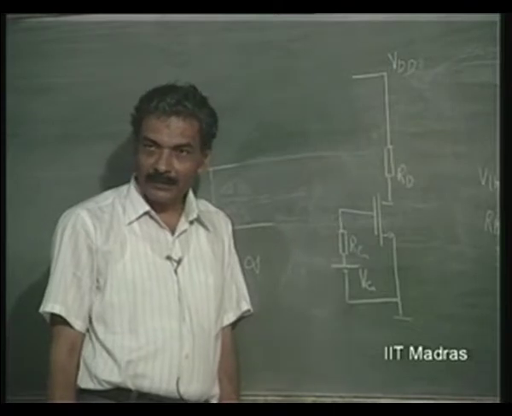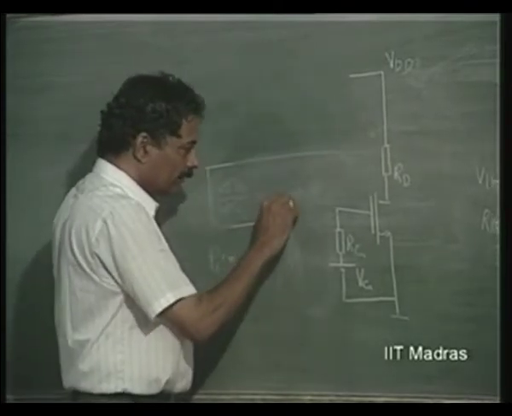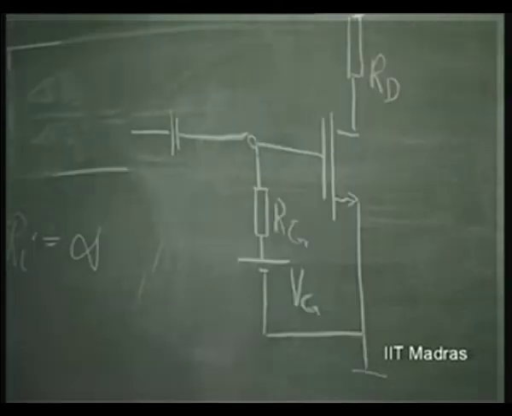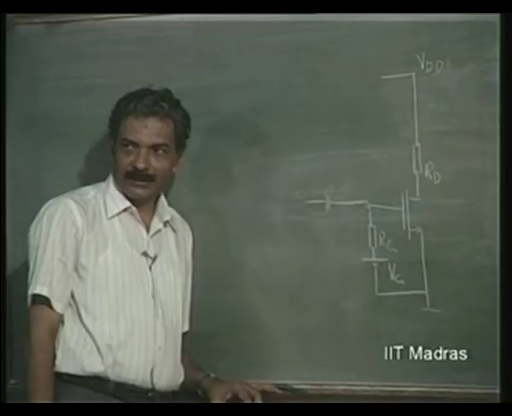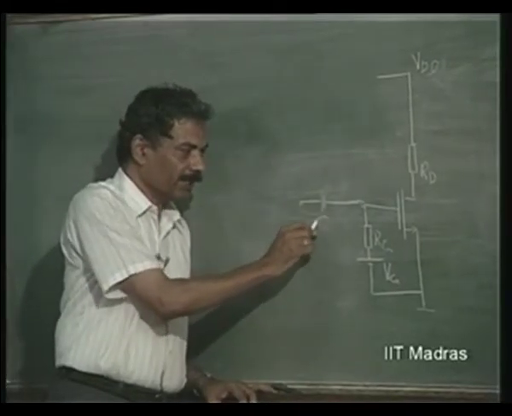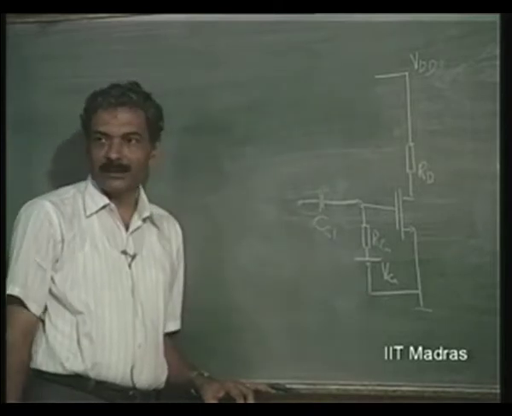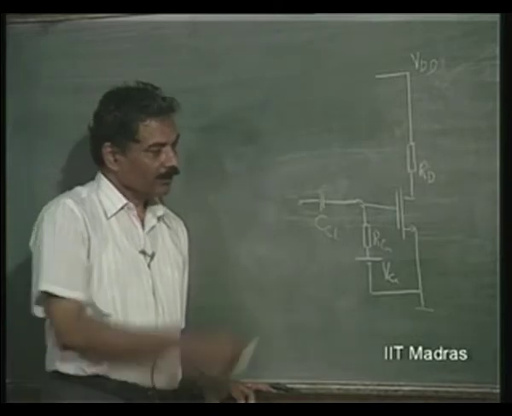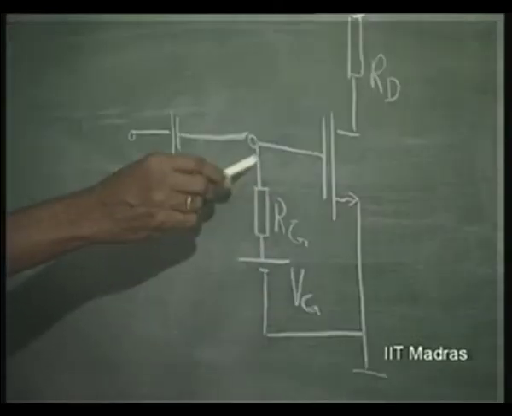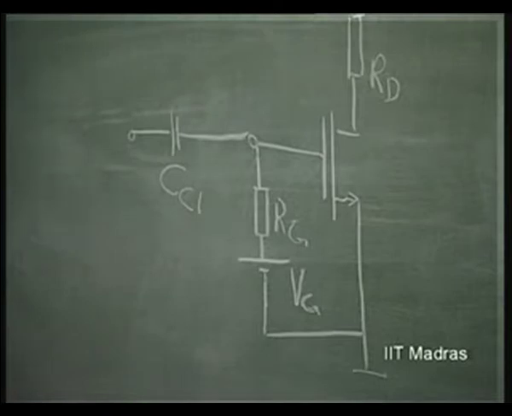On the other hand, while applying a signal, it had to be coupled by a capacitor because this is at a DC potential. I want to add the AC without disturbing the DC. So, I will now couple this by means of a capacitor CC1. This we had used in the case of bipolar junction transistor also. So, when I do this, this particular thing definitely takes away signal current, because as far as the FET is concerned, it is not taking away any current.